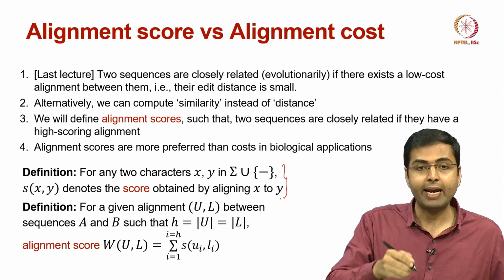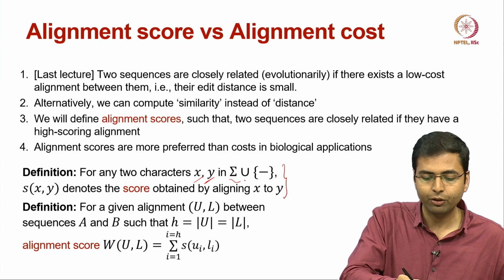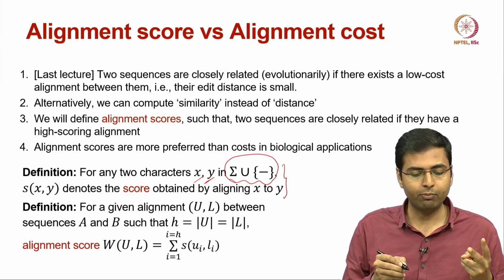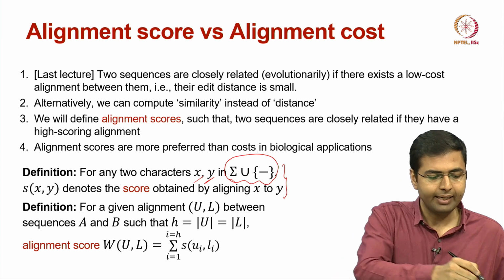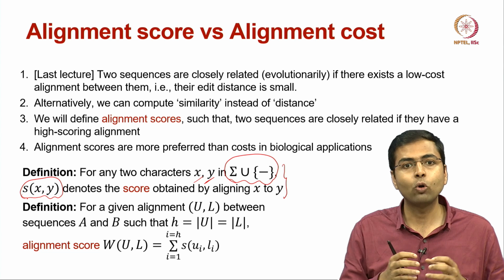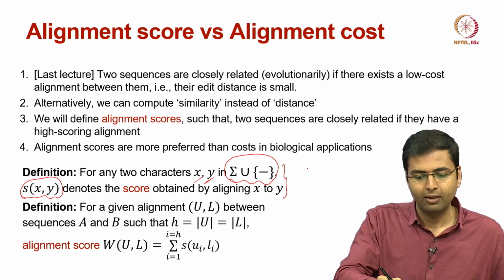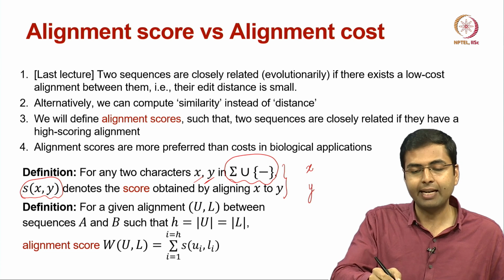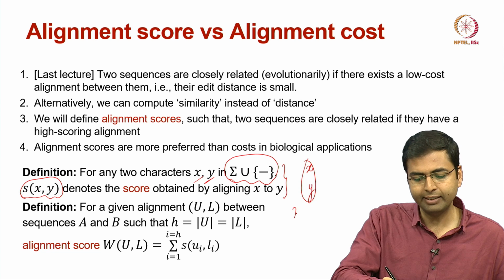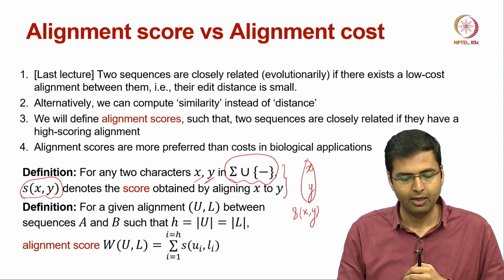Let us say that for any two characters x and y from my extended alphabet sigma union dash character, I will denote by small s(x, y) the score obtained by aligning character x to character y. So, if I have an alignment in which character x is aligning to character y, then the corresponding score is denoted as s(x, y).